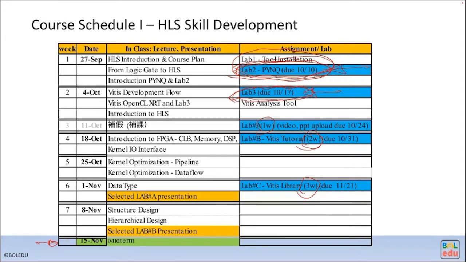However, it's not enough time to cover all the materials. In that case, I will find another time to supplement the teaching. Most likely, I discussed with Jiafu, we will use Wednesday night for those materials that could not be covered in class.